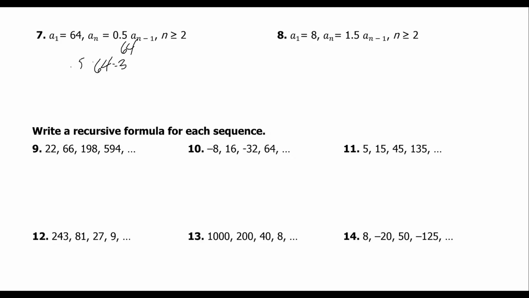That's going to be 32. 0.5 times 32 equals 16. 0.5 times 16 equals 8. 0.5 times 8 equals 4. 1, 2, 3, 4, 5. Okay, got my 5 terms.